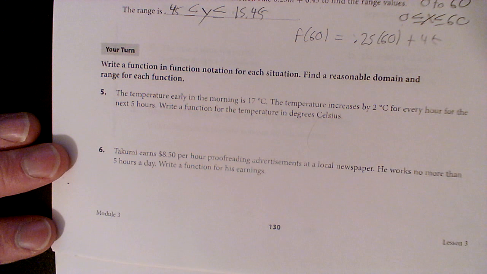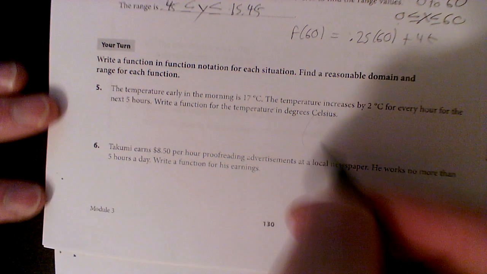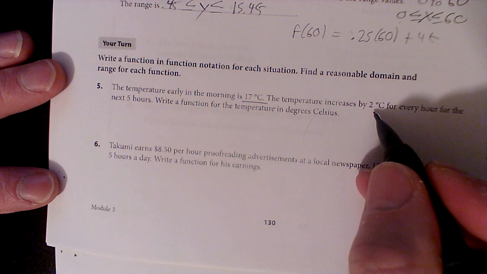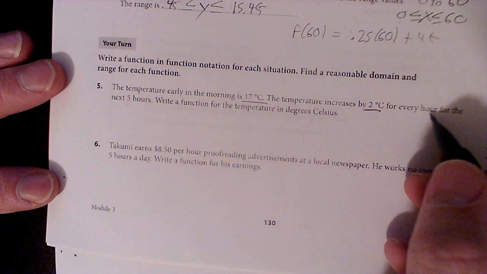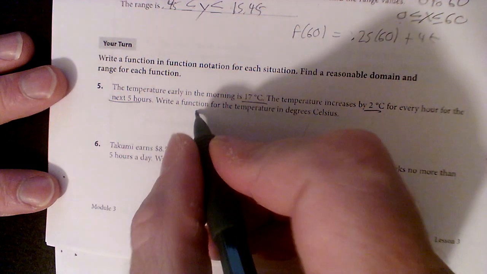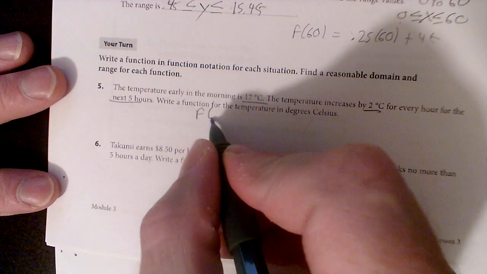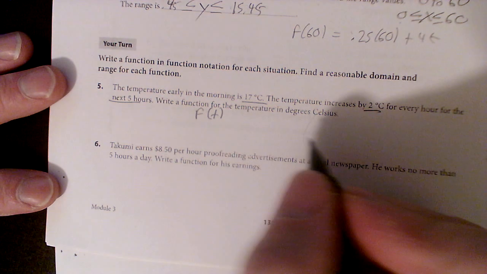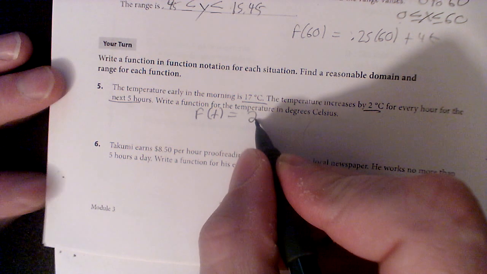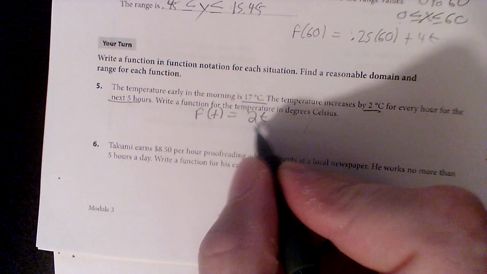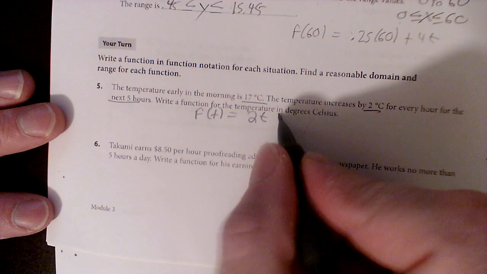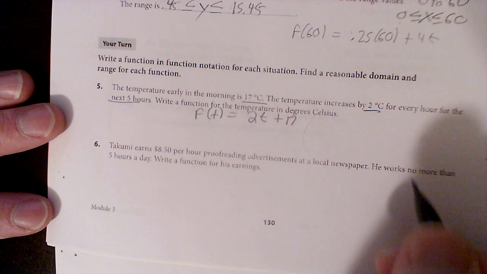All right, let's go ahead and do one more. This will be our end, and then we'll leave one for you. Temperature early morning is 17 degrees, and temperature increases 2 degrees Celsius for every hour for the next 5 hours. So let's write a function. A function of time, because time is what makes us change, is equal to 2t, 2 degrees every hour, plus a starting temperature of 17.